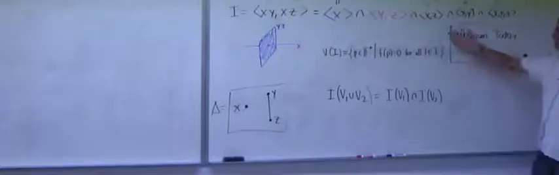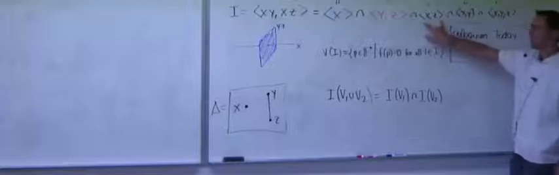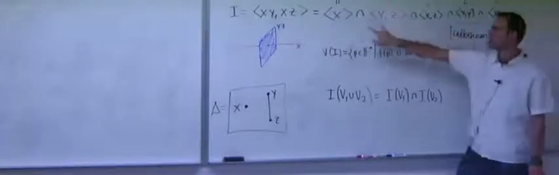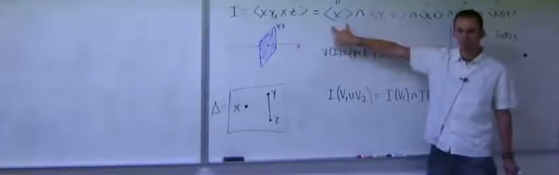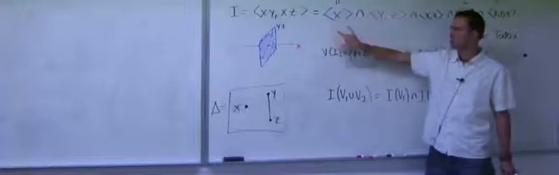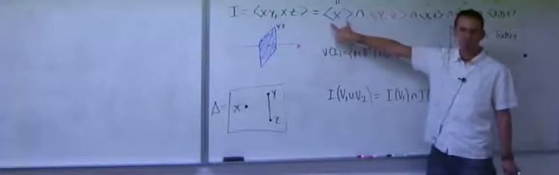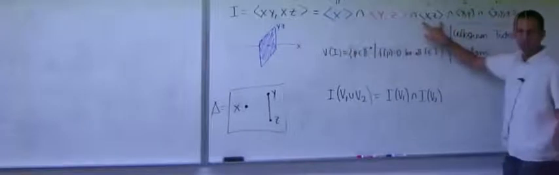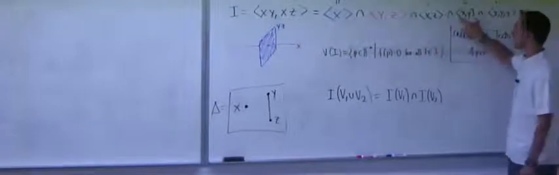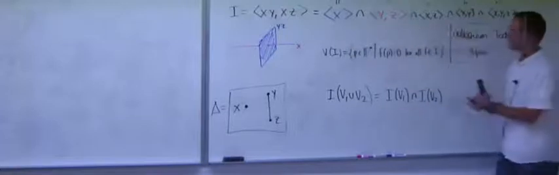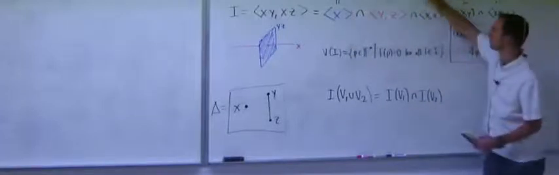But then when you look at this, you see that I don't need to write all of this stuff because this ideal contains this ideal. And if I already intersect with this guy, which is smaller, I don't need to intersect with this guy, which is bigger. And the same, this guy also contains this guy. This guy also contains this guy, so I don't need this stuff. I can pretend that this is not here.